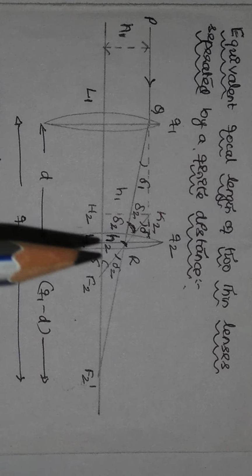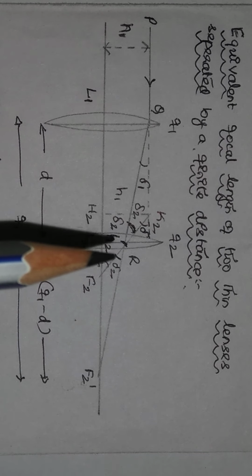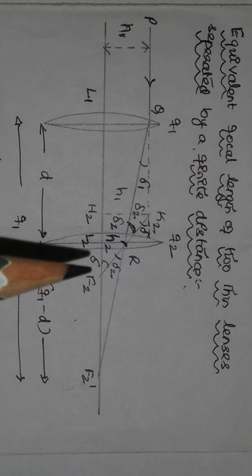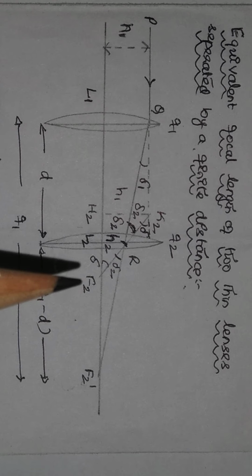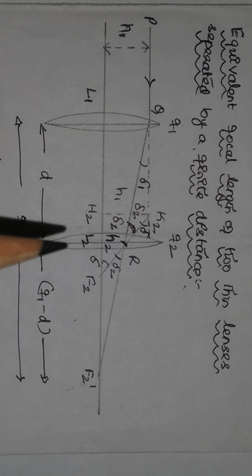After refraction, it will produce a deviation delta 2 and produce the image at the point f2. That means the image is formed by the lens L2 at the point f2.